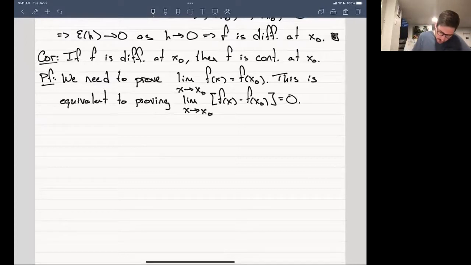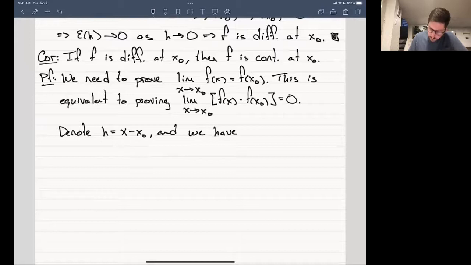Well, then let's denote h equal to x minus x0. So where you want to go is x0, where you are, h is just telling you how close to x0 you are. And we're going to use that notion of differentiable.